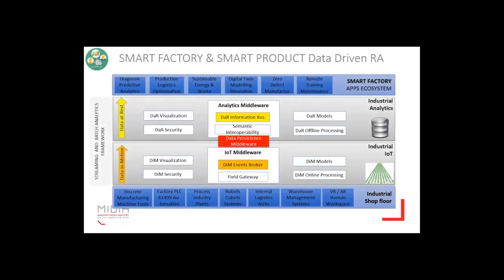This is more or less the same diagram showing that in the smart factory, in the industrial shop floor, you have at the bottom line in blue several sources of data, and in the upper level you have several applications, and the point is that you should have at least one data source, in this case in a smart factory scenario, and one application.